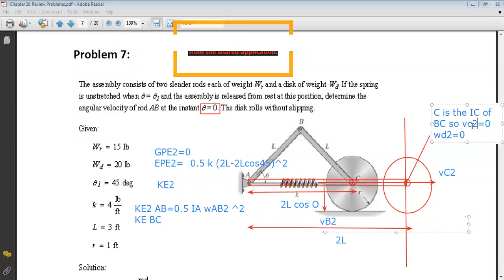Omega BC is VB2 over the distance between B and the IC.